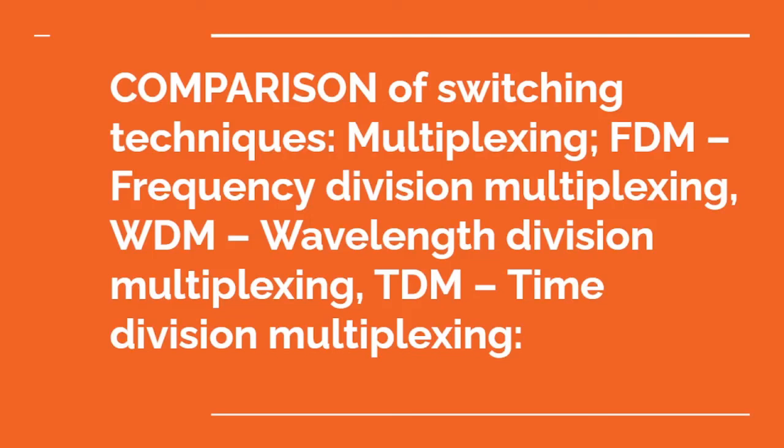Further, in this unit, you have studied 4 basic multiplexing techniques: frequency division multiplexing or FDM, time division multiplexing or TDM, code division multiplexing or CDM, and space division multiplexing or SDM.